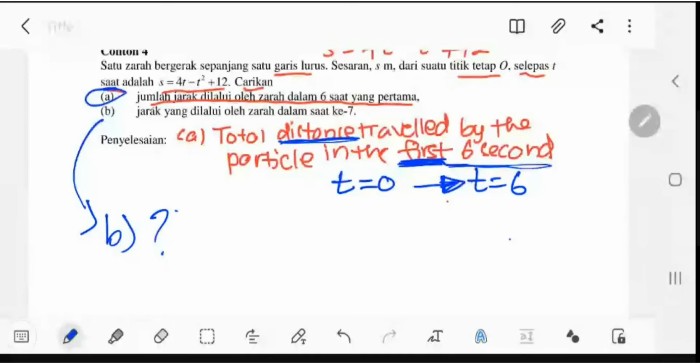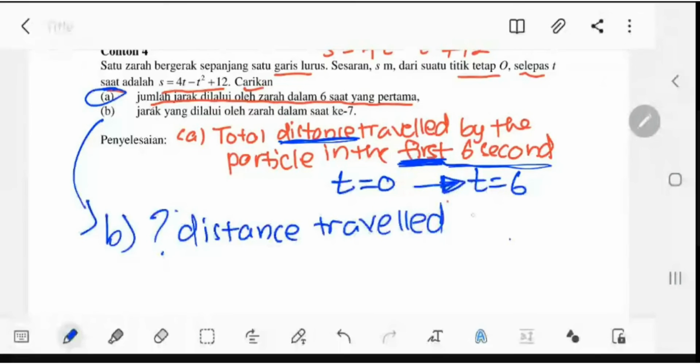Bahasa Inggeris dia adalah find distance travel by the particle in the 7th second.